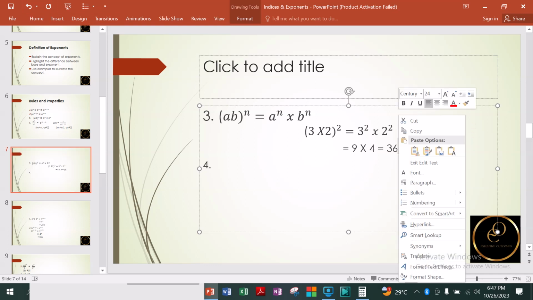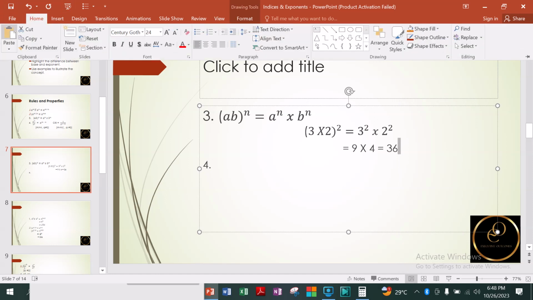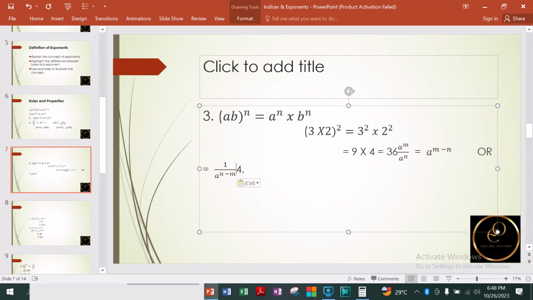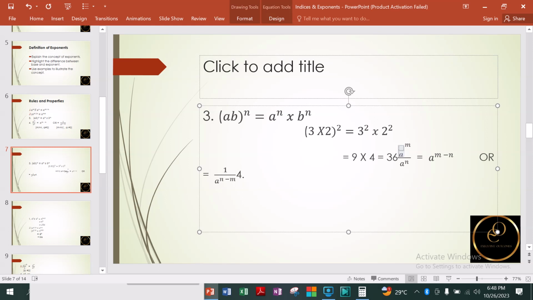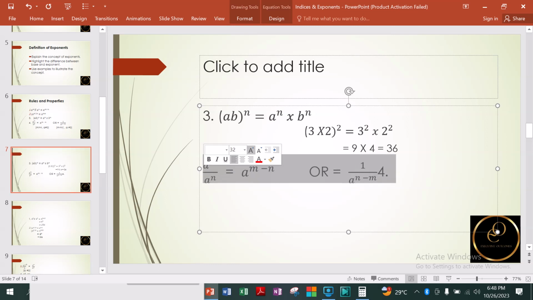Okay, so now let's see how this can work. Looking at that, paste it there. In this particular case we are looking at this one, which is this or that. So let me expand it a bit, or make it bigger.